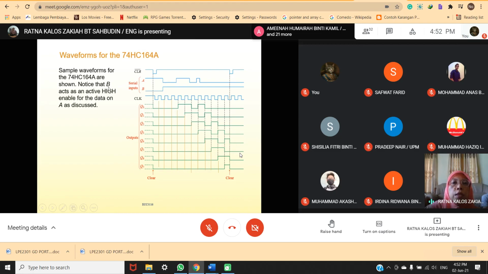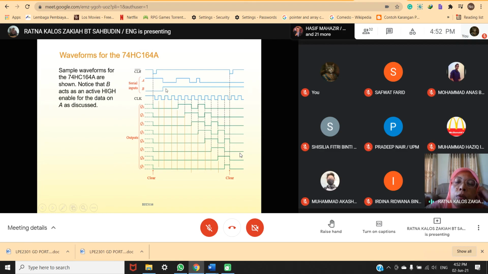Notice the B input, it is always high. It acts as the enable for the data on A, as discussed. So B is high.